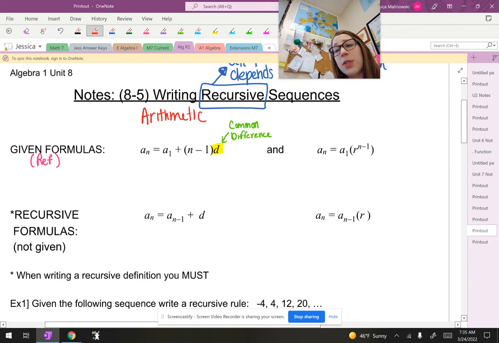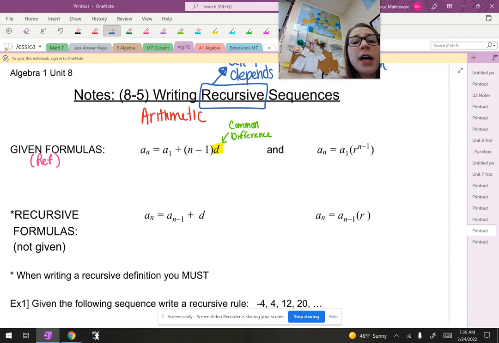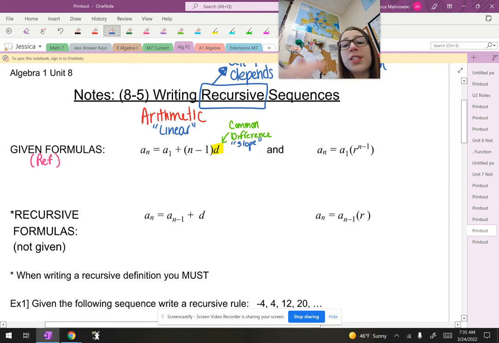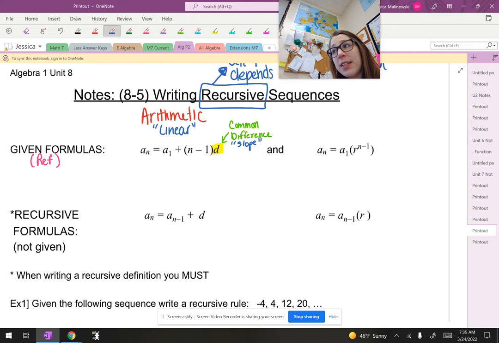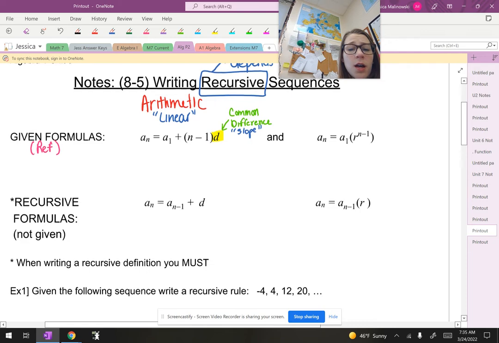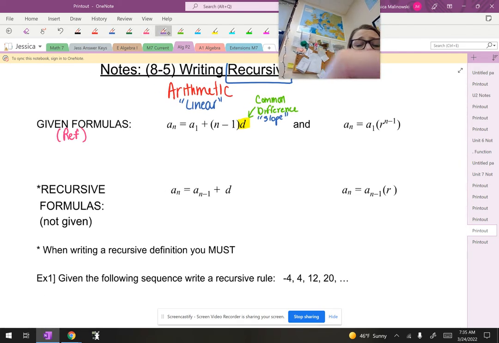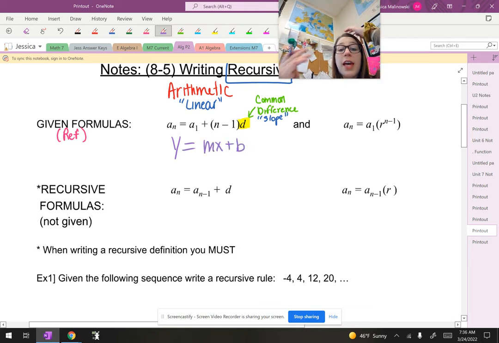Those arithmetic sequences are the ones that have the common difference, AKA linear, that constant rate of change. So that's what that common difference means. That slope, you're used to seeing it as the variable m. Now it's d instead for common difference. And don't get confused by the a's and the n's. This is still just a y equals mx plus b kind of formula. They're just using a's and n's instead of y's and x's.